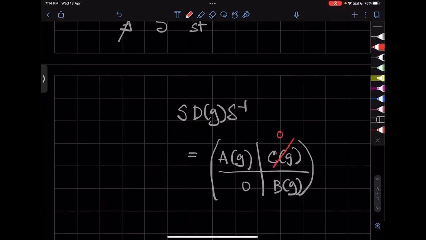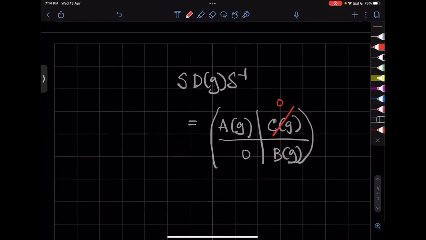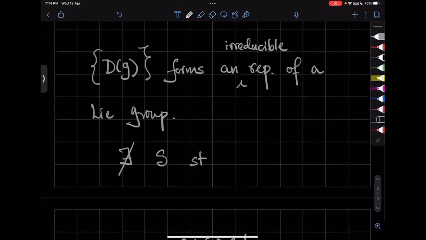But if there exists no similarity transformation such that D can be put into this form for all G, then we say that set of matrices forms an irreducible representation of the Lie group. Okay?